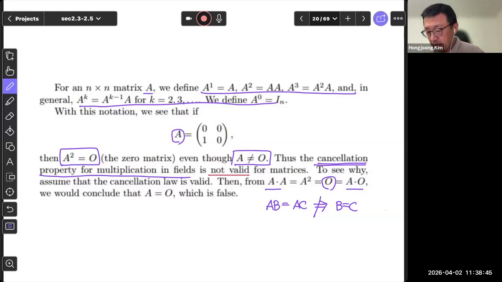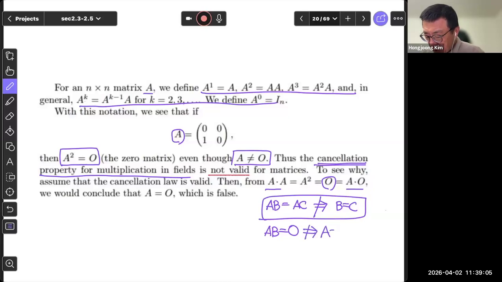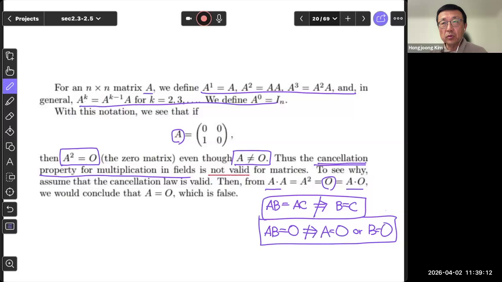This is an important property of matrices, and the same thing as the previous one, the A squared. A times B equals zero does not mean A is zero or B is the zero matrix. So we have these two. These cancellation laws do not hold. Please be careful.